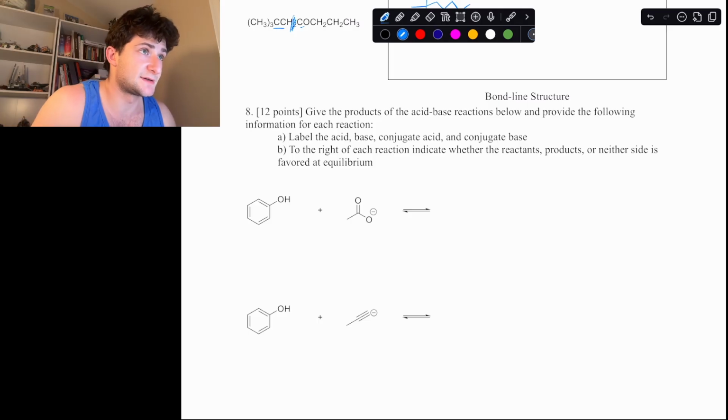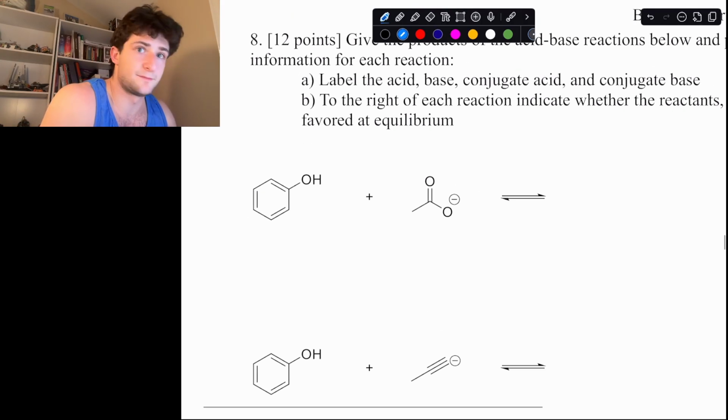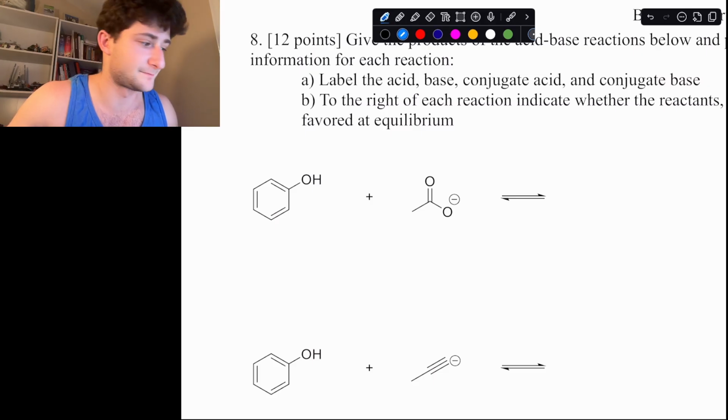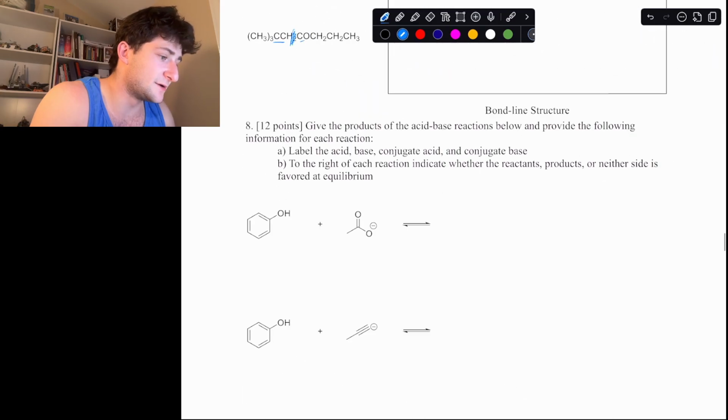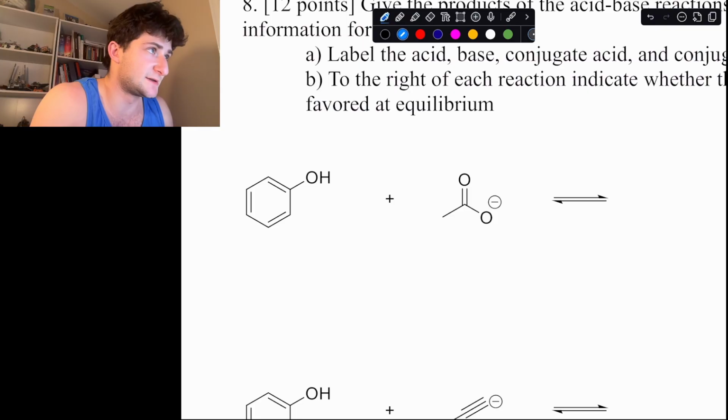Acids and base. So. How do you know if it's an acid or a base? The acid is the proton donor, and the base is it's got the negative charge.